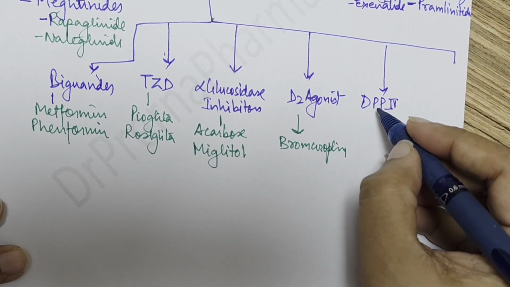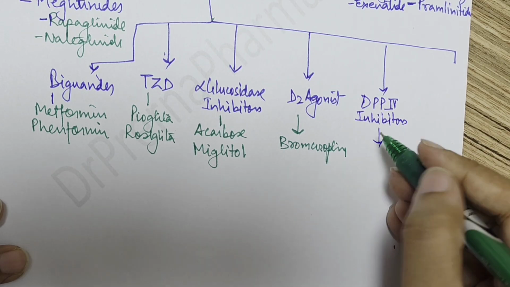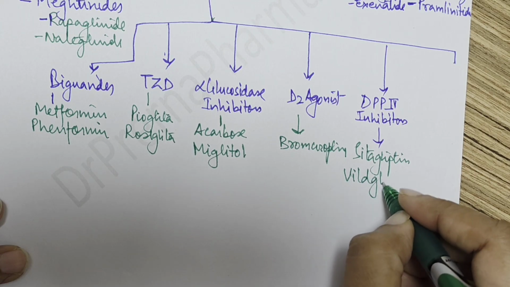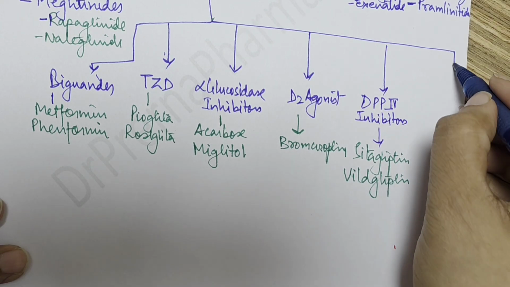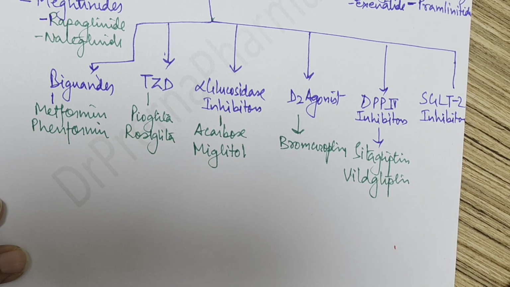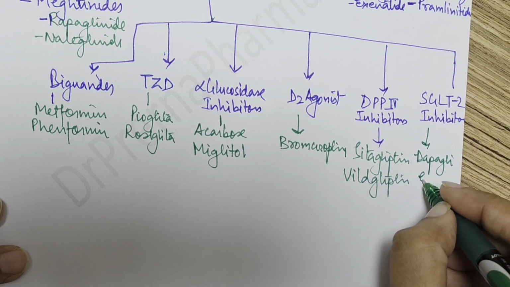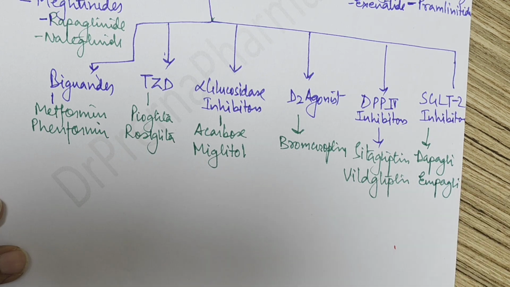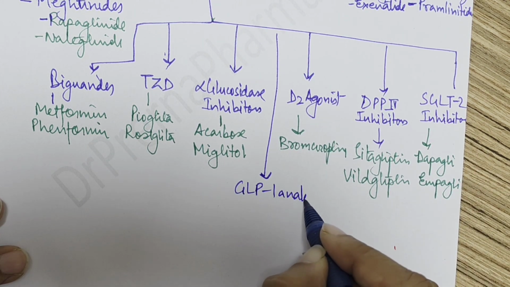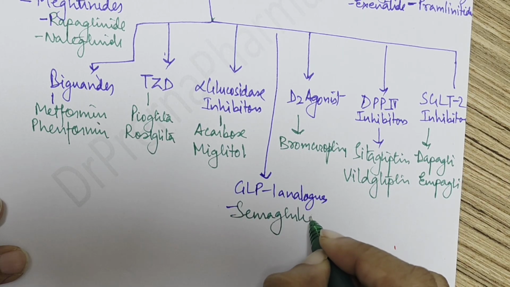Then a very important category of drugs is DPP-4 inhibitors, in which we have sitagliptin and vildagliptin, right? Then we have SGLT2 inhibitors, in which we have dapagliflozin, empagliflozin, canagliflozin. Okay, besides this, in GLP-1 analogs, the drug which is approved orally is semaglutide.